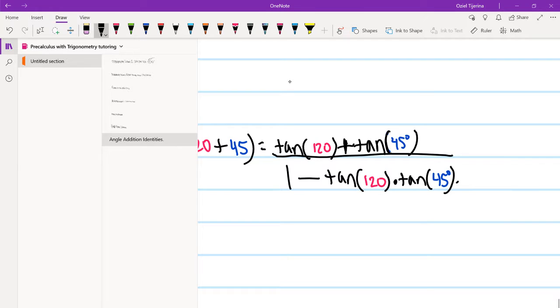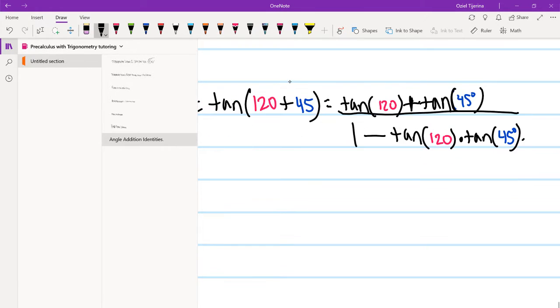Okay, so then you have 120 and then you have 45.